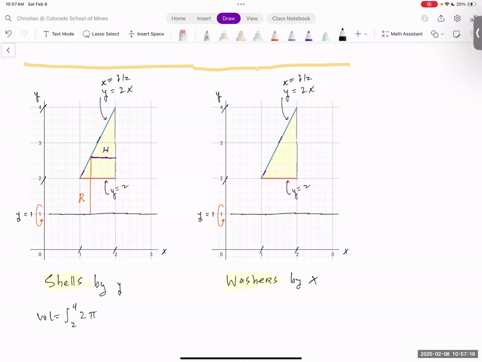2 pi, we're going to need our radius. We're integrating by y, and this distance down here is 1. That's 1. And the distance from here down to the y-axis is the vertical distance out to this point on the curve.